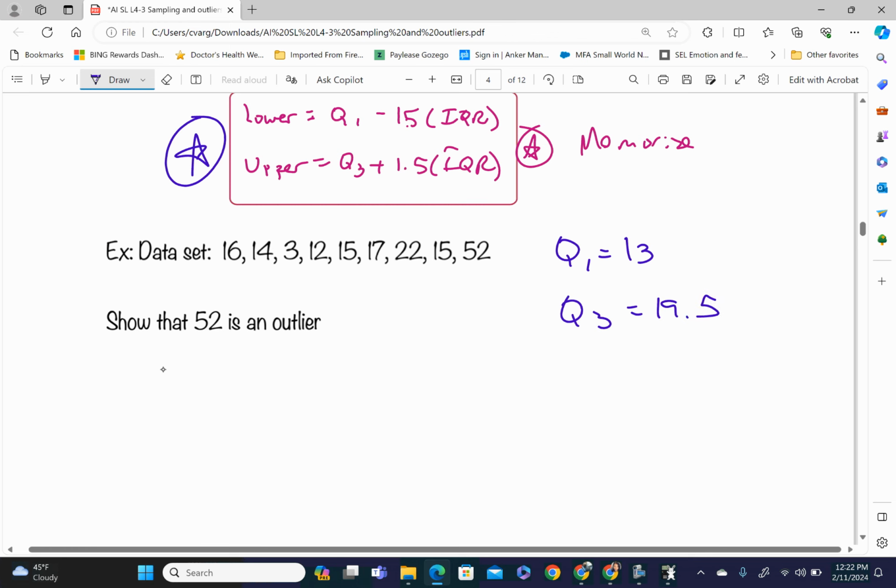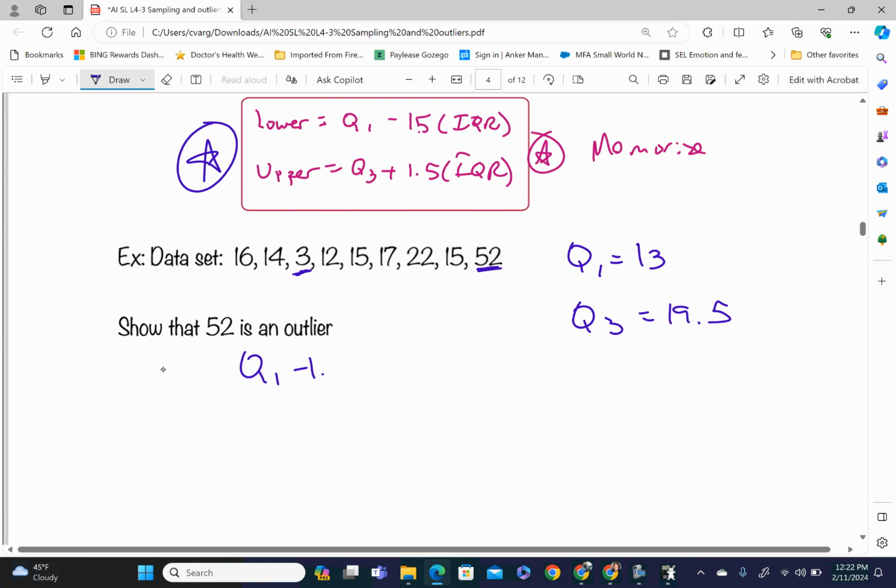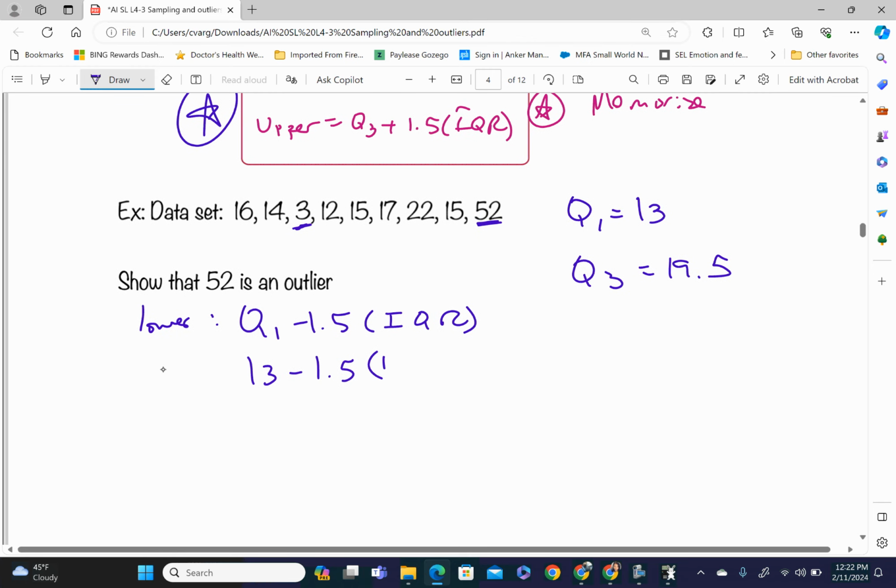Okay, so looking at the data set, I can see that we have a very low number here, which is 3, and we have a very high number here, which is 52. So why don't we find both? Is 3 an outlier? Is 52 an outlier? Okay. So our formula again is Q1 minus 1.5 times our IQR, and this is to find the lower outlier. So our Q1 is 13 minus 1.5 times our IQR, which is 19.5 minus 13.